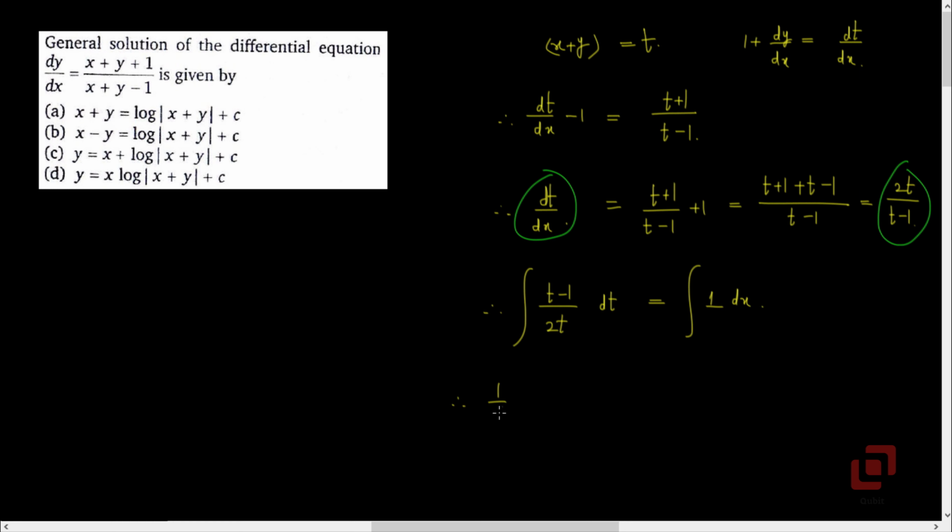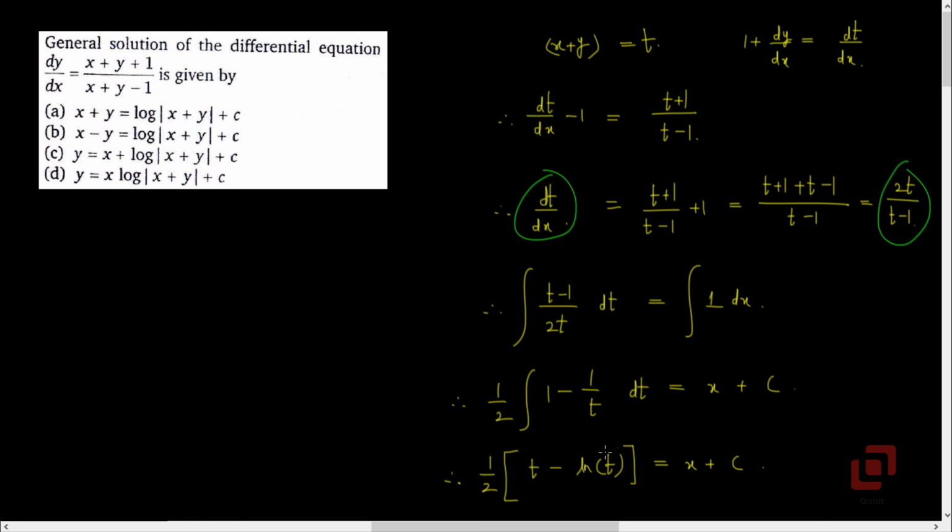Therefore, 1 upon 2 being a constant, let's take it outside. Integral of t by t is 1 minus 1 upon t dt equal to, integral of 1 is x plus c. Therefore, 1 upon 2 into bracket t minus log of t equal to x plus c.